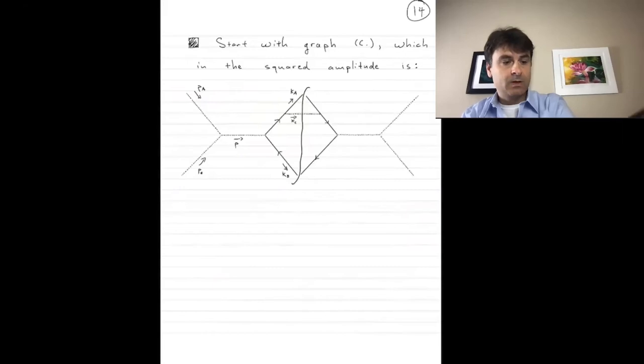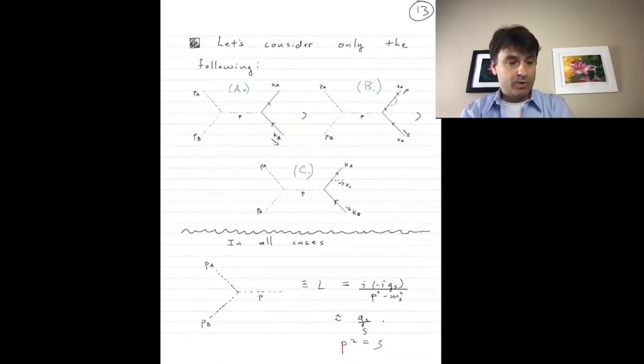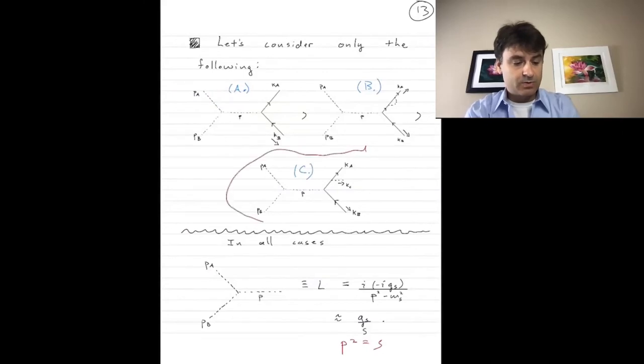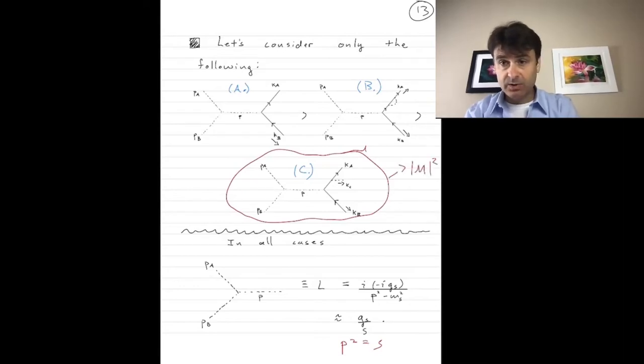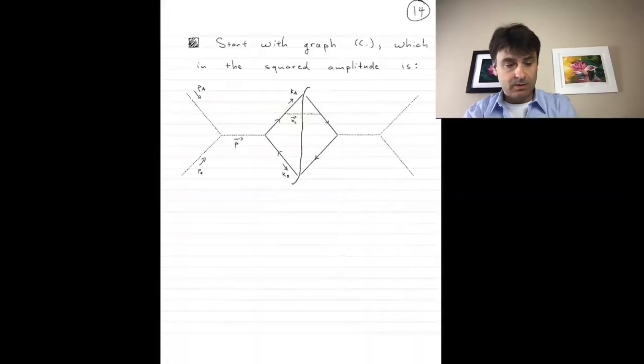Okay. So actually what we're going to start out looking at is the square modulus of this diagram. So this is going to go into an M squared calculation. And when I take the square modulus and sum over the final state, then the graph looks like this.